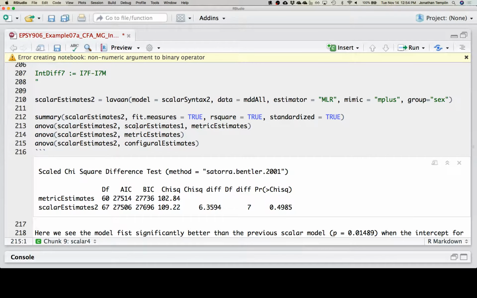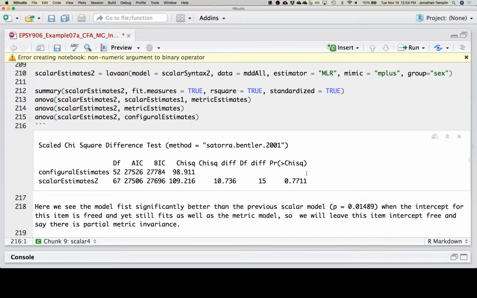So comparing our model with the metric model, you see also it fits just as well as the metric model, and it fits just as well as the configural model, which is interesting because our model now, when we compare it with the previous scalar model, it fits better. Right? So it's this odd, weird combination of fit tests. But basically, we're getting better at fit.